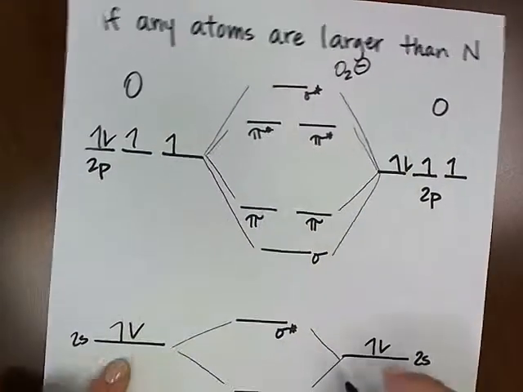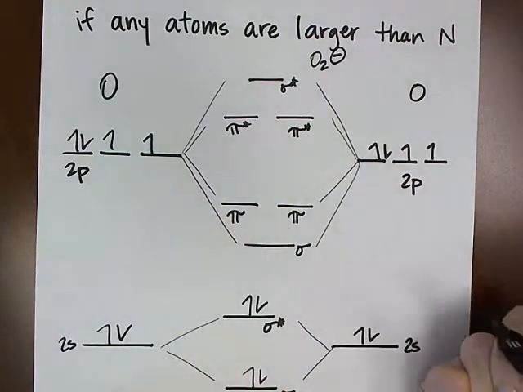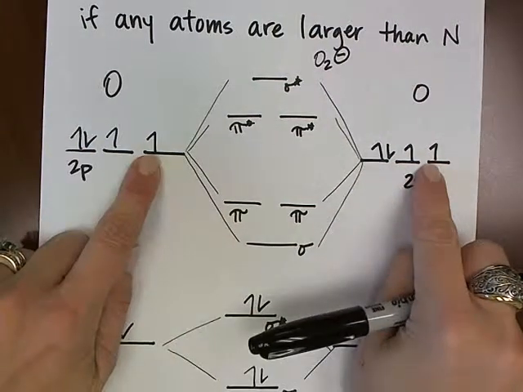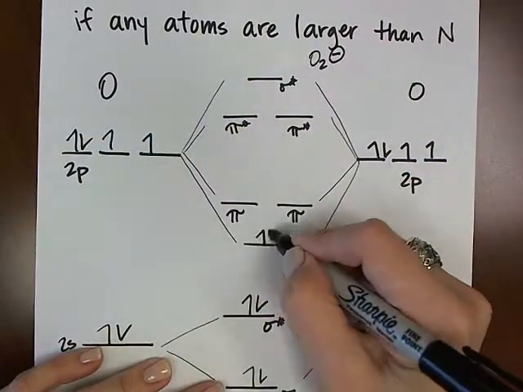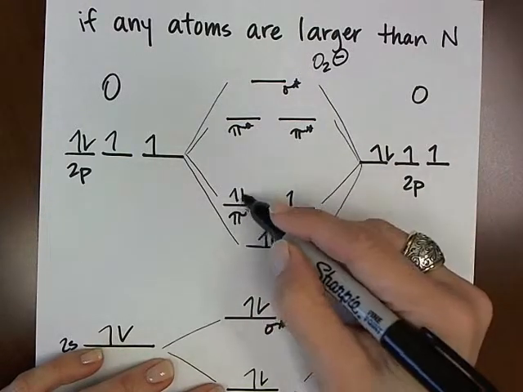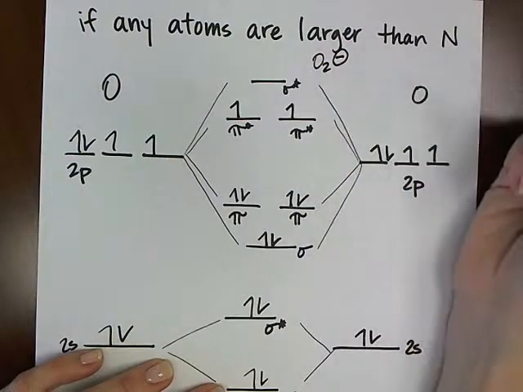So these 4 electrons get filled here. 1, 2, 3, 4, and we just fill them in from the bottom up. Now I'm going to put 8 electrons into these orbitals, and they go in this way. 2, 3, 4, 5, 6, 7, 8.